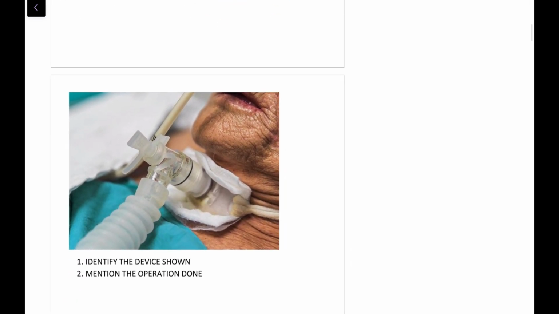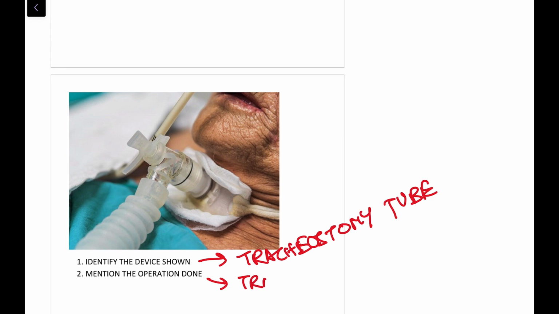So directly I'm going into the picture. The question is: identify the device shown. So here you have to write this is a tracheostomy tube. Now mention the operation. So it is obviously a tracheostomy.